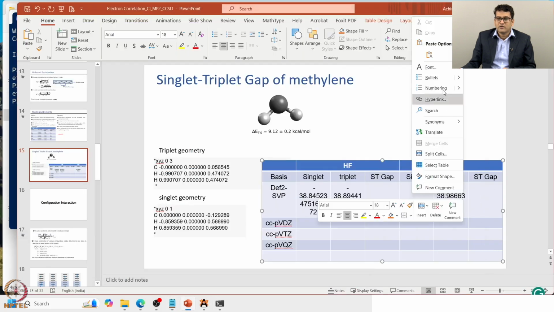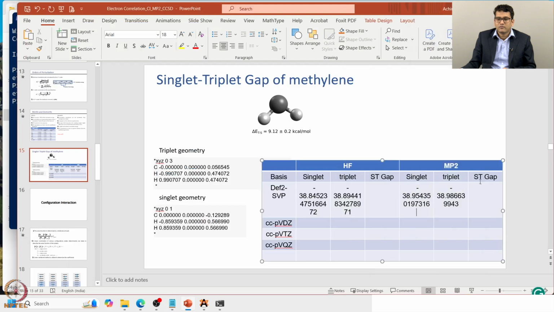This is the MP2 energy. So we can calculate the energy gap.